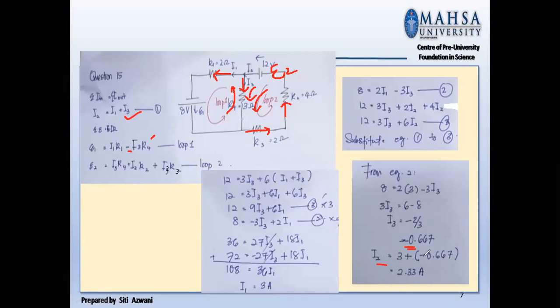You need to bring your negative sign for I3 into your calculation to calculate the value for I2. So you can have your answer with a negative sign. The negative sign shows the direction. The value must be the same. Is it okay or not?